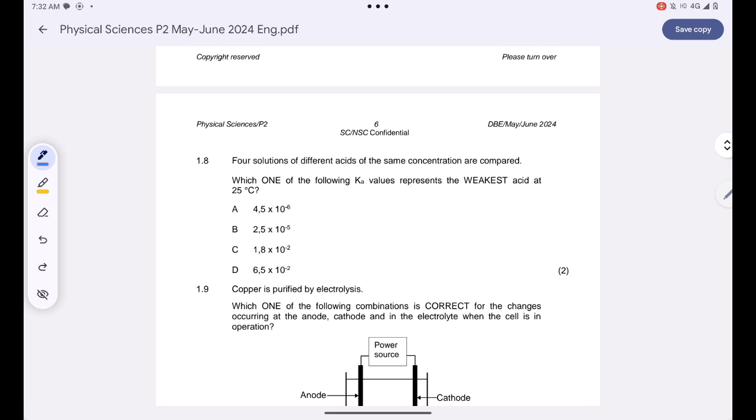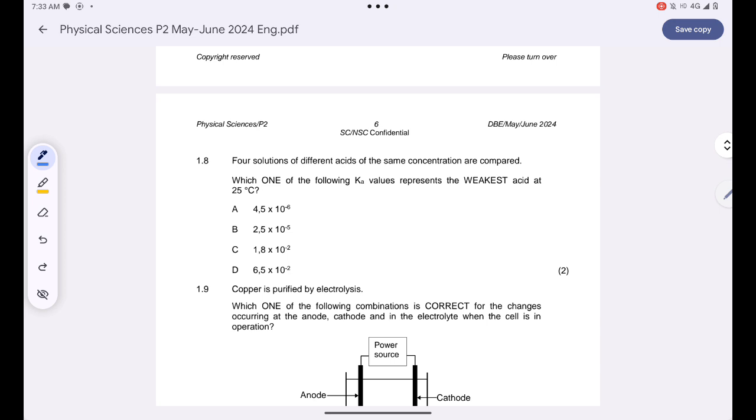And then now we are told that 4 solutions of different acids of the same concentration are compared. Which one of the following ionization constant values represents the weakest acid at 25 degrees? The one that has the lowest ionization constant is the one that represents the weakest acid. Are you together?